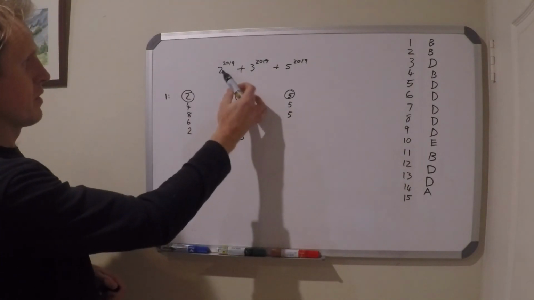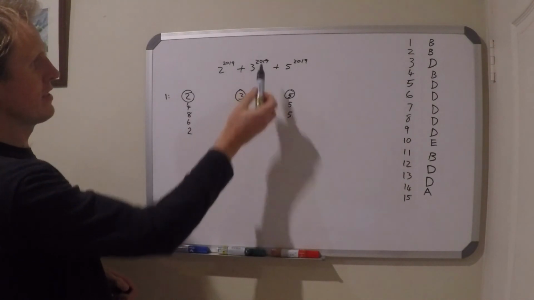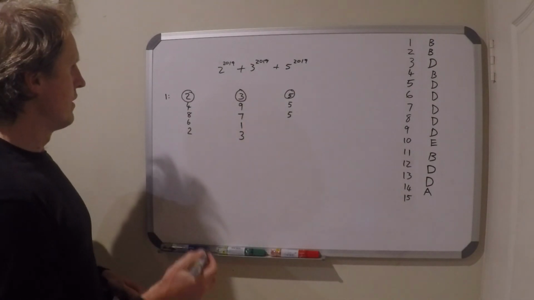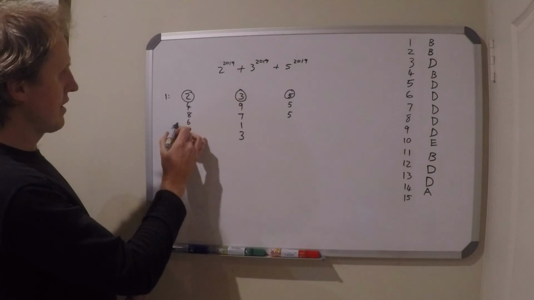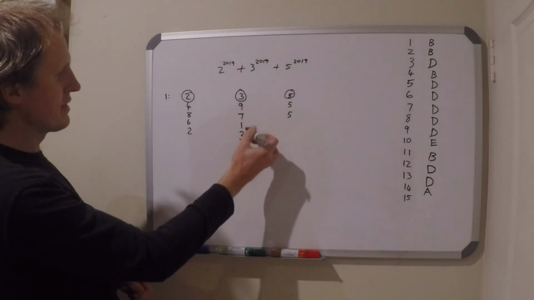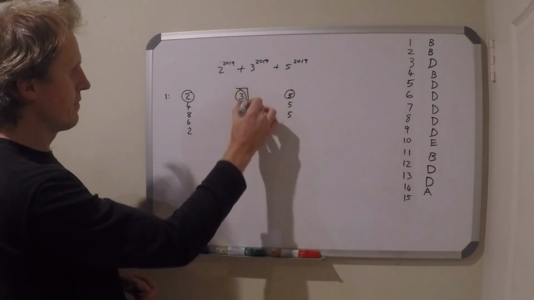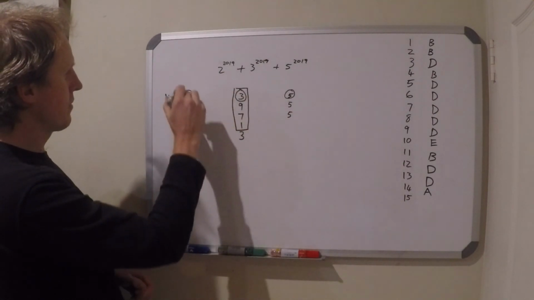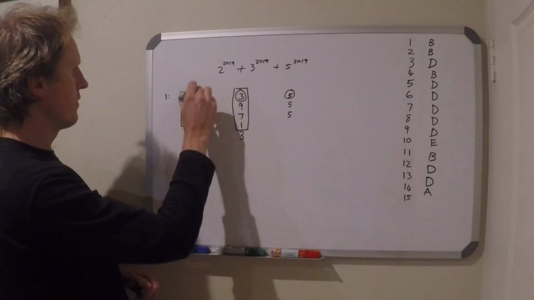So if it was 2 to the power 1 plus 3 to the power 1 plus 5 to the power 1, we would end up with this number. You can see that both of these are going to repeat in a cycle of 4. After 4 steps you go back to the beginning, and similarly over here.